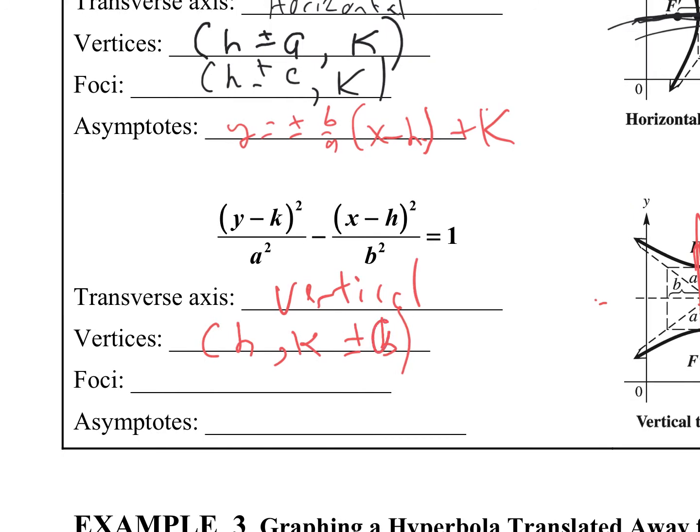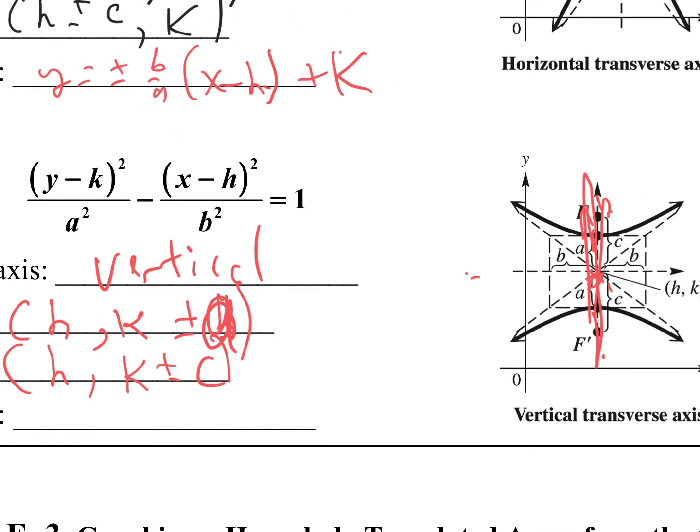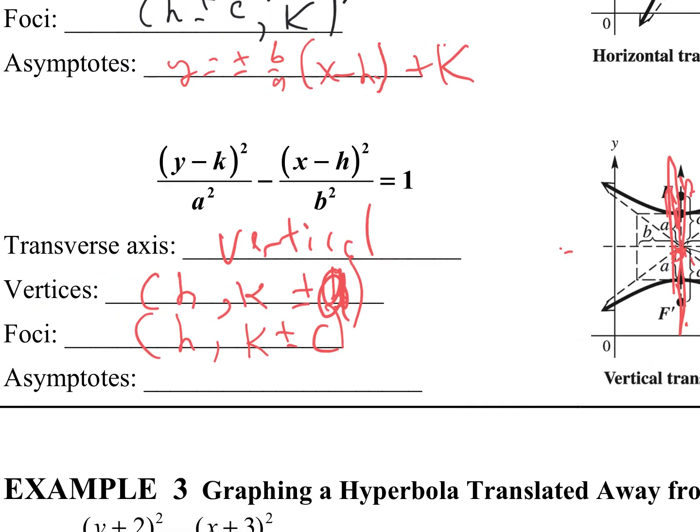Plus or minus A. In the focus, H is constant, K plus or minus C. Asymptotes, the slope switches the rise over the run now. So y will be equal to plus or minus, instead of B over A, it's A over B. It's still x minus H, and it's still going to be plus the K.